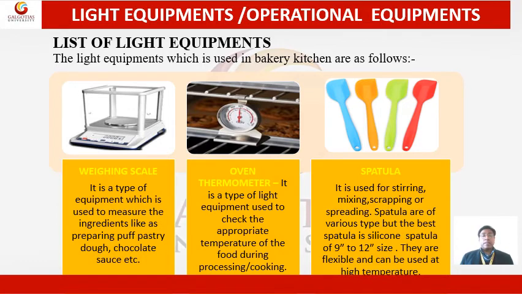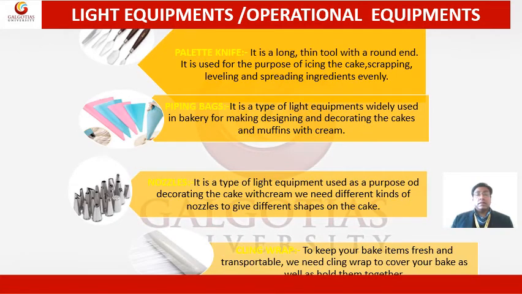Then we have the palette knife, which we have already discussed before. Then piping bags for various types of icings, for making rosettes or duchess potato products, baked potato products. And then we have different nozzles for different shapes that we want to give to the product.